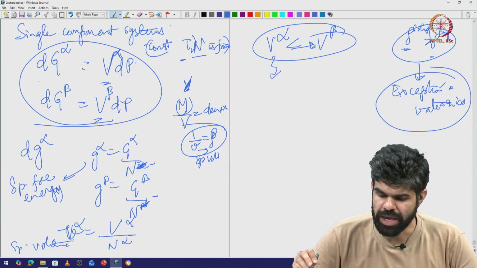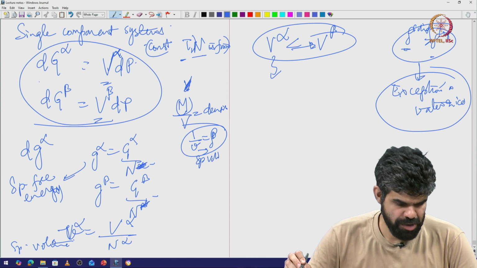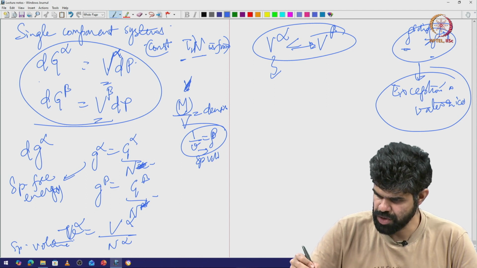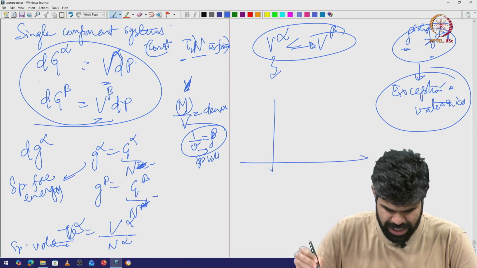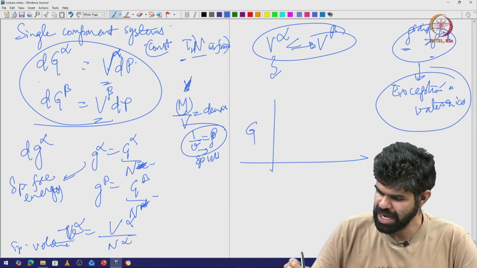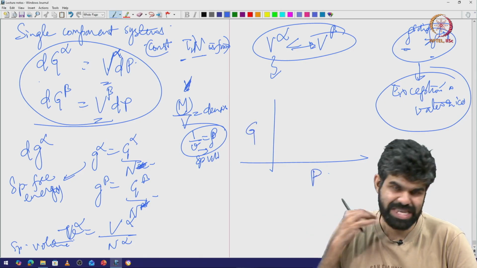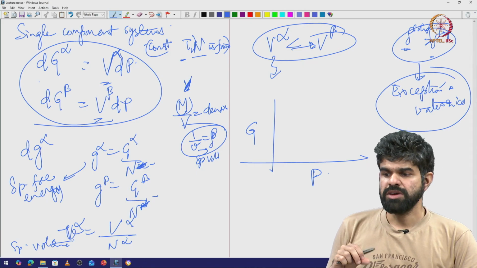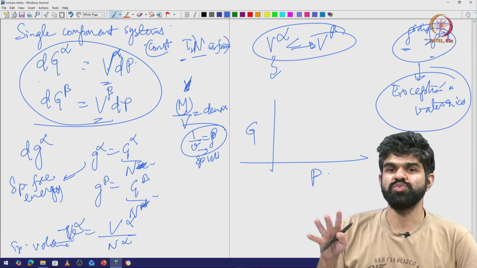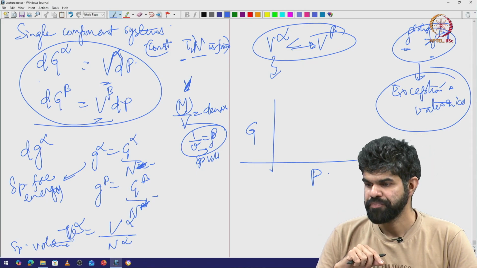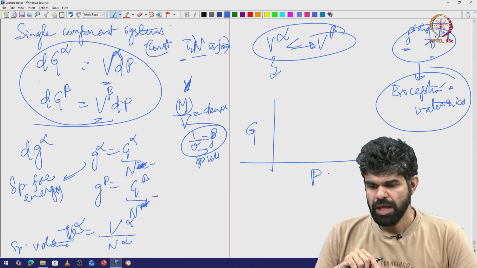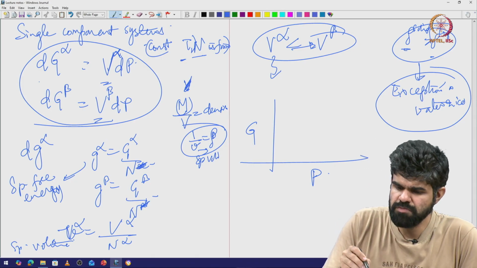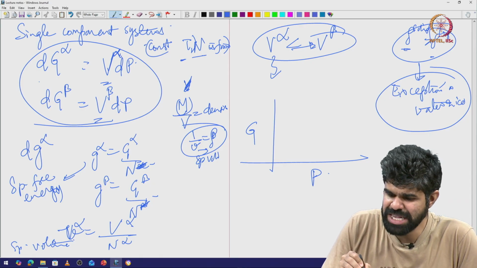Okay. Now, I am going to ask you a question, right. What if I am plotting G as a function of pressure? I want to see which phase wins at what pressures. All right. So V of alpha is smaller, right.